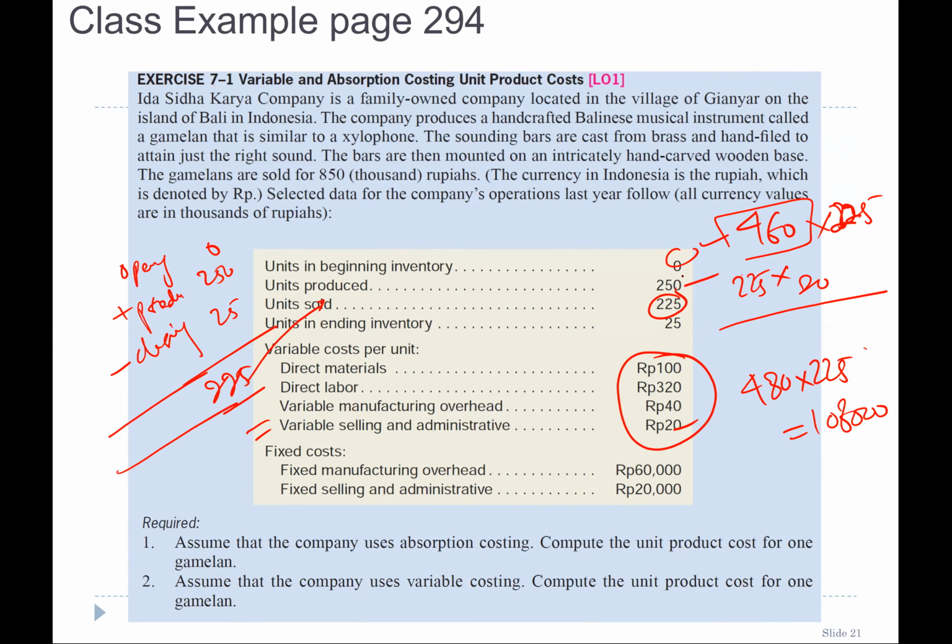Remember this concept to find out CGS. If you are not given the CGS, then use the units sold. Otherwise, calculate through this, which in 99.9% of cases is equal to the units sold. Right, Ayana? It's not 250.